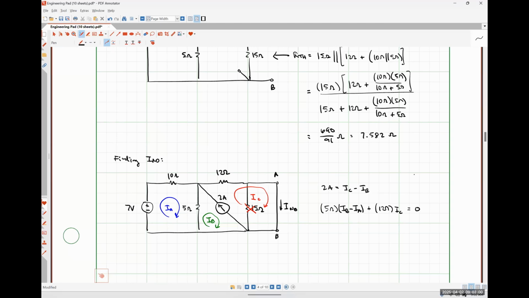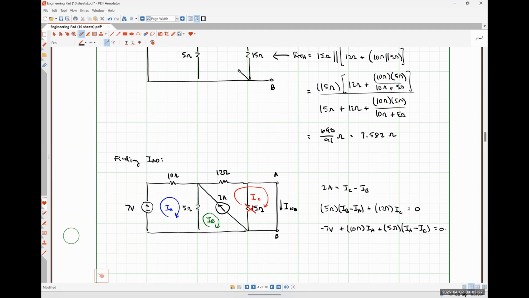We're doing mesh A. Minus 7 volts. Equals 0. Thank you, sir.